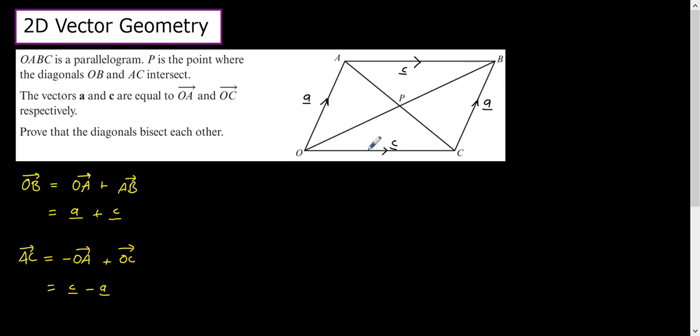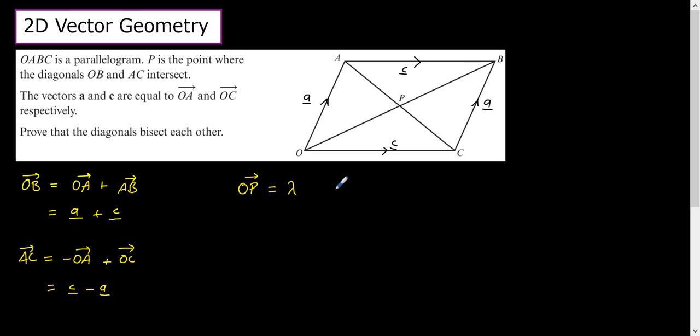So now I'm interested in this vector OP. What I'm going to do is write that two different ways, one involving diagonal OB and the other involving the diagonal AC. I'm going to make those two the same, and I'm going to find out that they do bisect each other. So from O to P, I can go about it first of all by saying that it's some fraction.